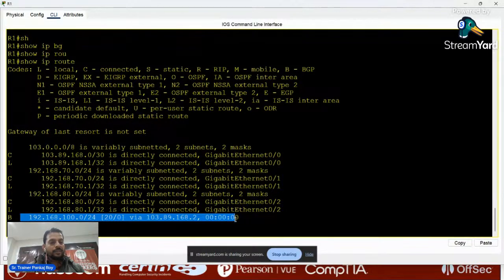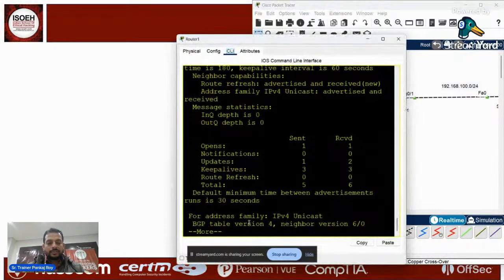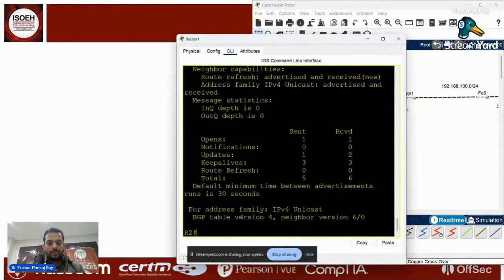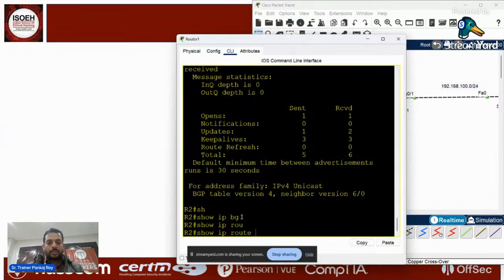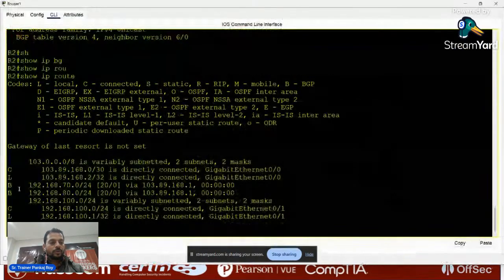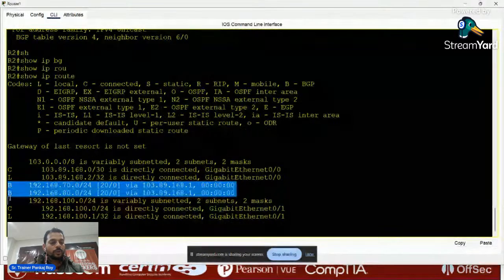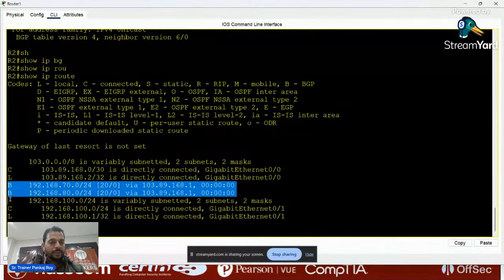Okay, router 1, and on the other side, show ip route, look at that, BGP is established now. Okay, the two BGP routes, because the two networks have come from AS number 100. So that is the prefix of the network.